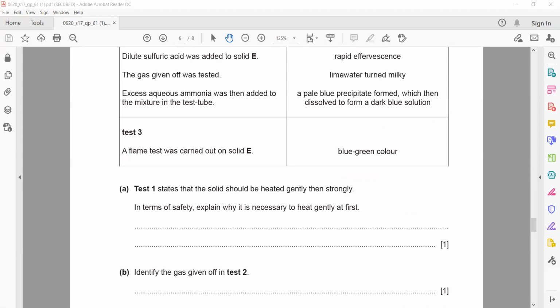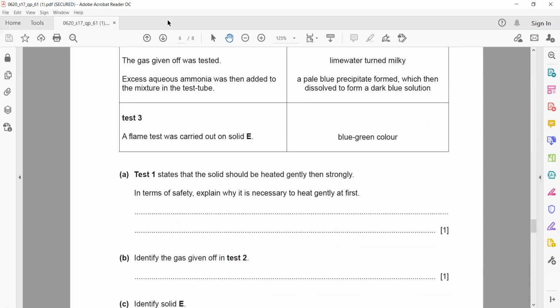For example, you have a test tube. This test tube contains a solid. When you supply heat energy, if you heat it strongly, the test tube might crack. But when you are heating it gently, the test tube becomes warm and then you heat it strongly.